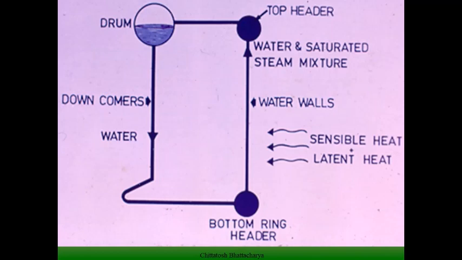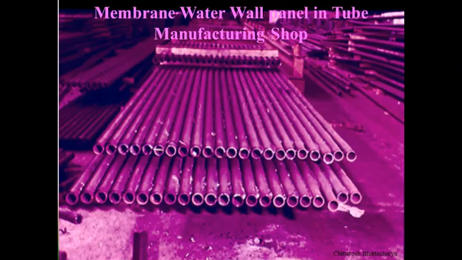Now, as we know, when water is entering the water wall, it is at the saturated temperature. So naturally, whatever heat is absorbed in the water walls, that heat is generating nucleate boiling, and due to this nucleate boiling, we are getting a water-steam mixture.